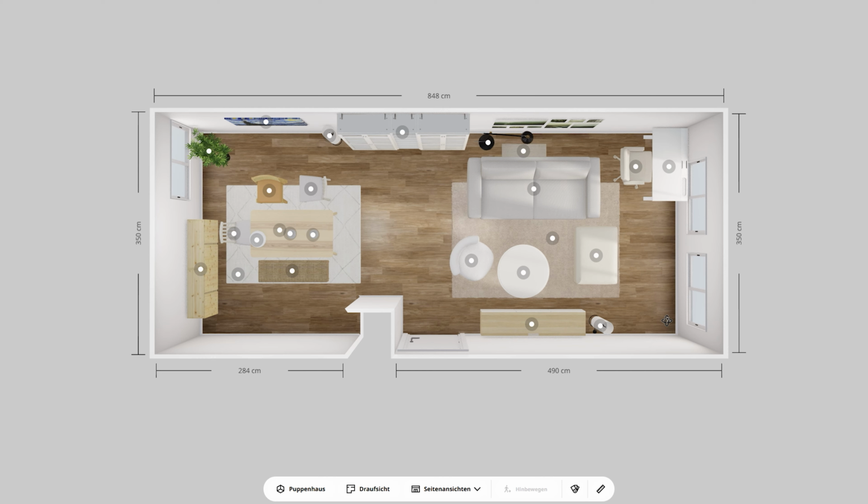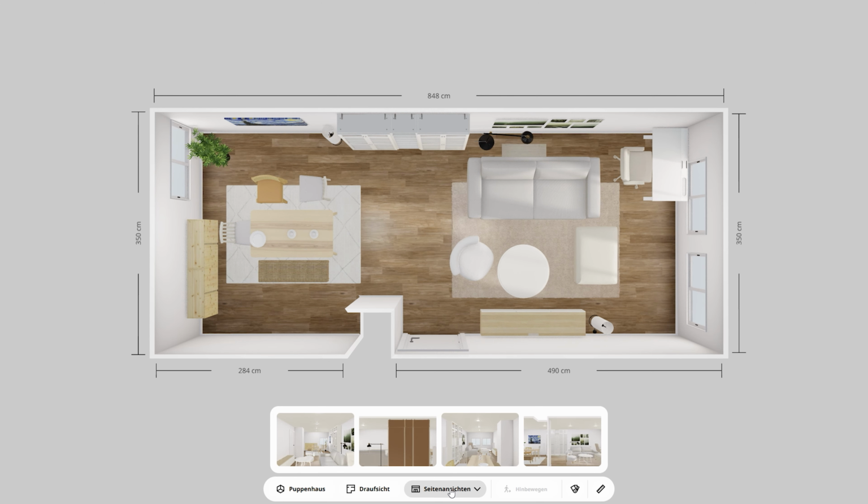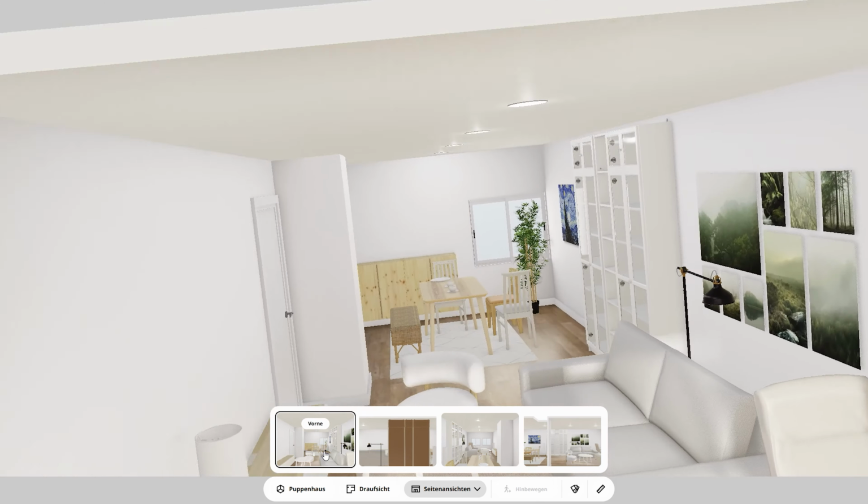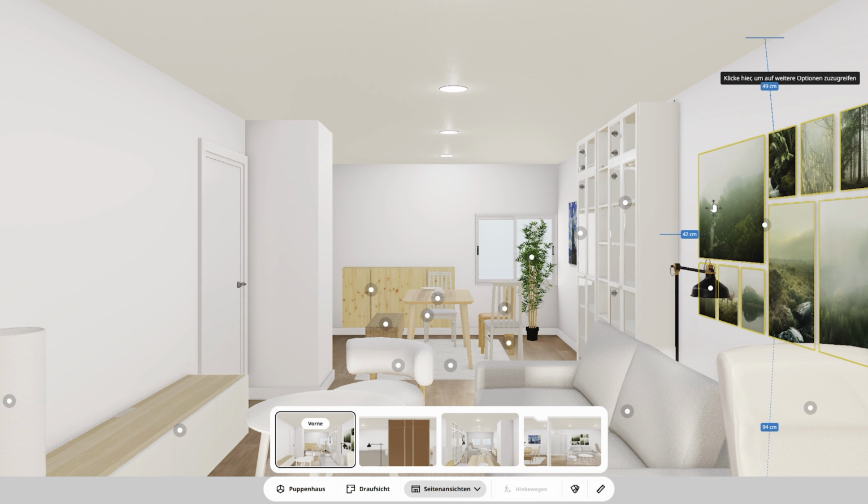Okay, so just to give an orientation, this is the living or dining area, and this is the living space. This is the front side. You can always see it here in the other view. So this is the front side of the house.